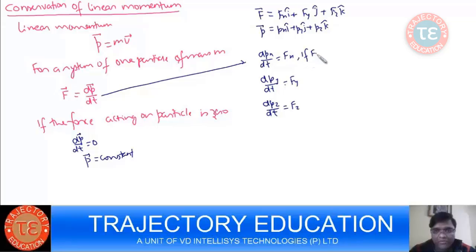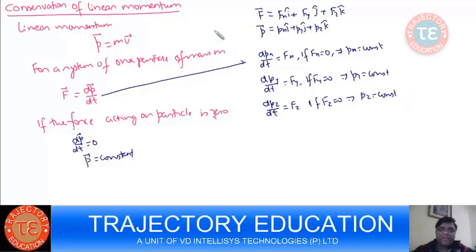Now suppose one of the components Fx is 0, then this will imply px is constant. If the x component of the force is 0, then px, the x component of linear momentum, will be conserved. If Fy is 0, then py will be conserved, and if Fz is 0, then pz will be conserved.